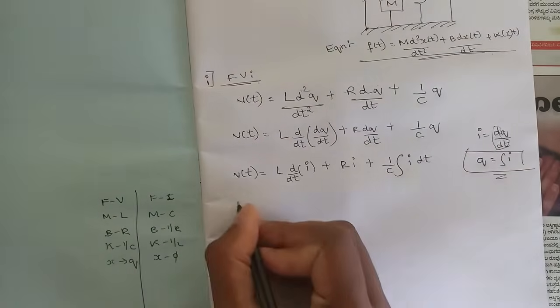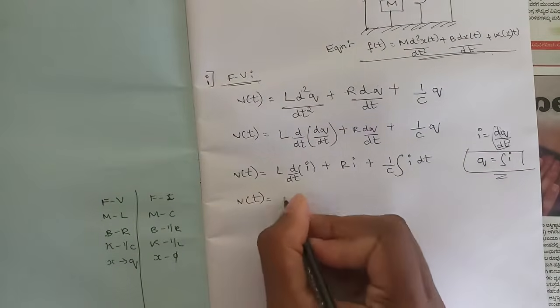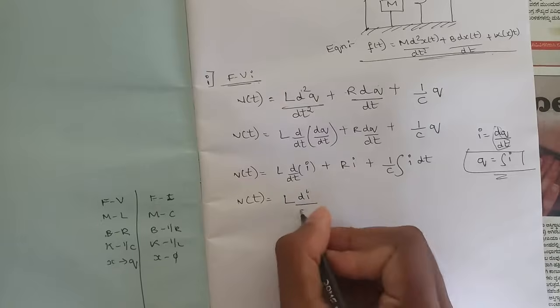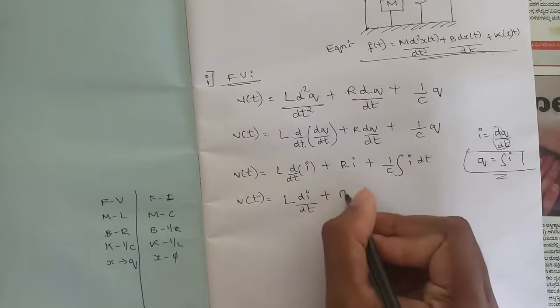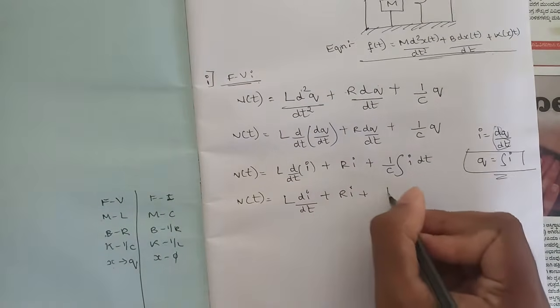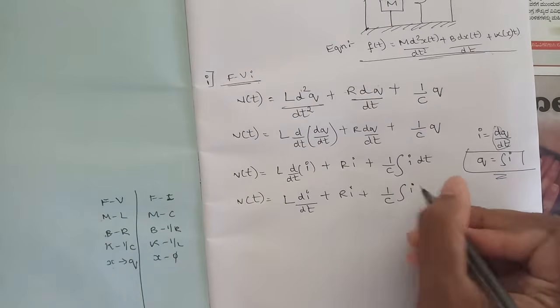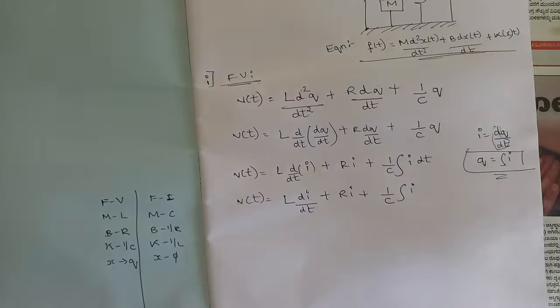So now v of t is equal to L into di by dt plus ri plus 1 by c integration of I.